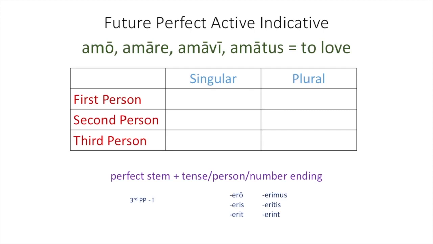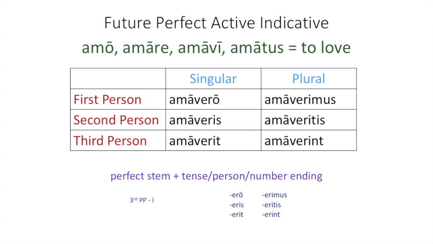So let's start with our perfect stem, amav, so amavi minus the I. And then you add your tense, person, and number endings. For future perfect, that's ero, eris, erit, erimus, eritus, erint. And you'll notice that these are very similar to the future forms of sum esse.